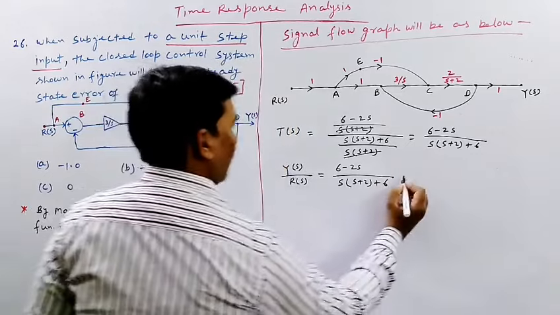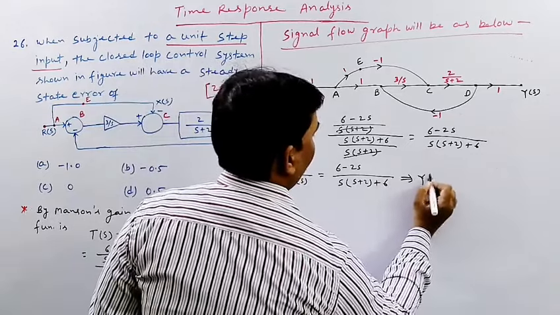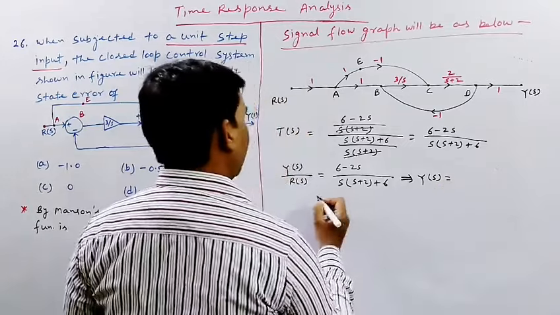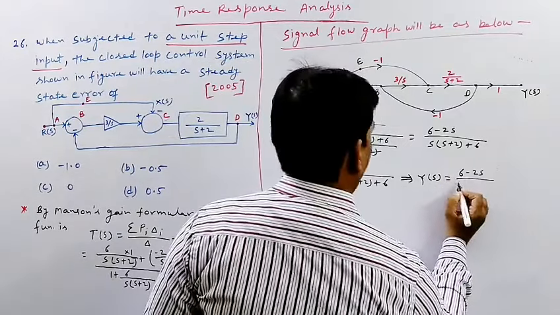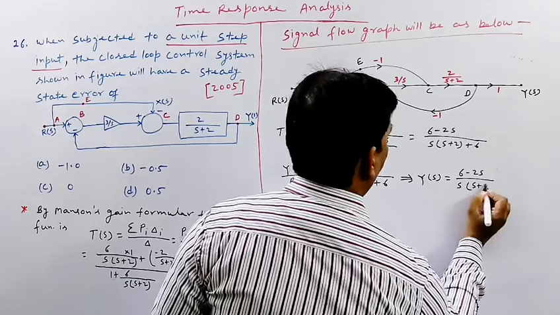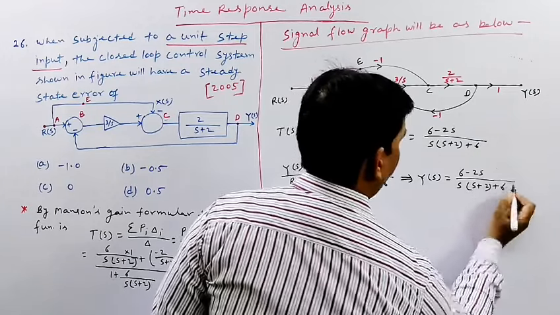So this implies Y(s) is nothing but 6 minus 2s divided by S into S plus 2 plus 6.